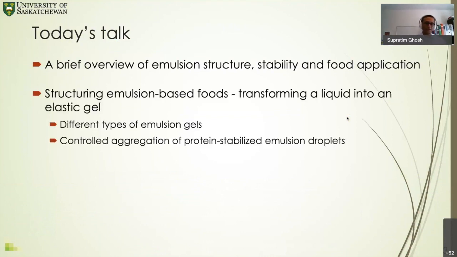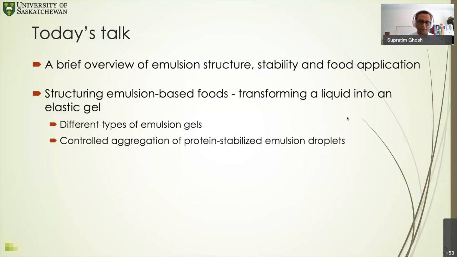Then a little bit more on how you can create structure in emulsion, how you can transform a liquid emulsion into an elastic gel. We will talk about different types of emulsion gels, and then how you can use controlled aggregation of protein stabilized emulsion droplets to create structure in emulsion.